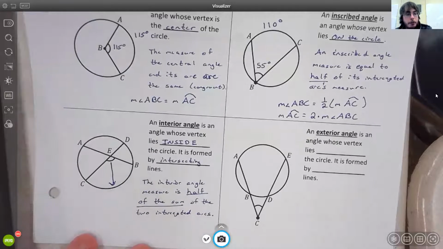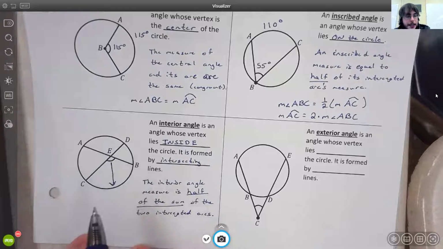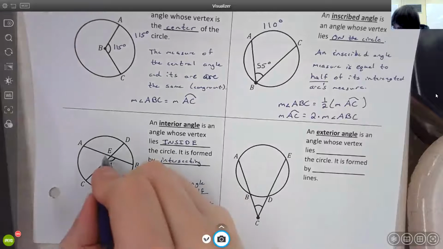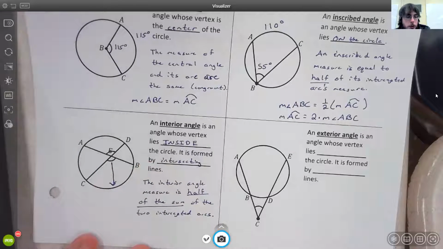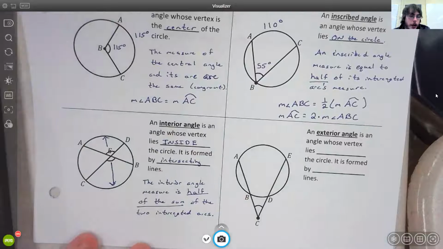But you have to remember that these are intersecting lines. So the key thing there is that it forms two pairs of vertical angles, and vertical angles are opposite of one another. So that means that this angle is congruent to this angle, which means we also have to use that arc as well. That's why we have to take half of the sum.